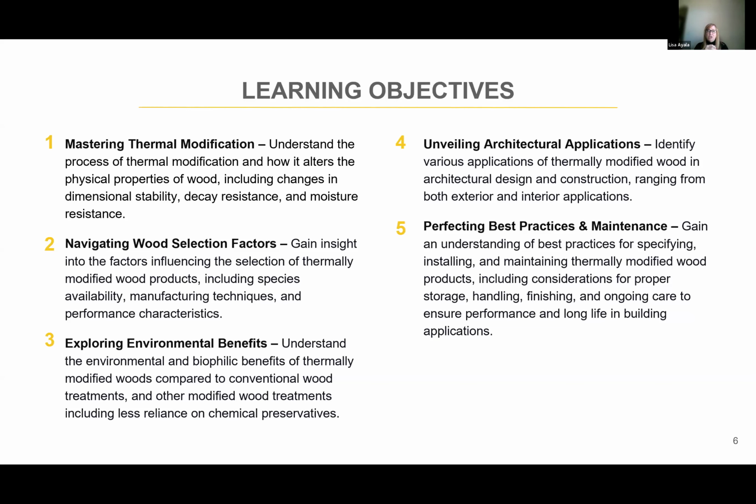I'm going to talk a little bit about the wood species that are used for this type of thermally modified process, the techniques. We'll go through manufacturing, and I go through all of this so that you have a good and clear understanding of this process, because there are other processes out in the market. So just so that you have familiarity with this particular type.